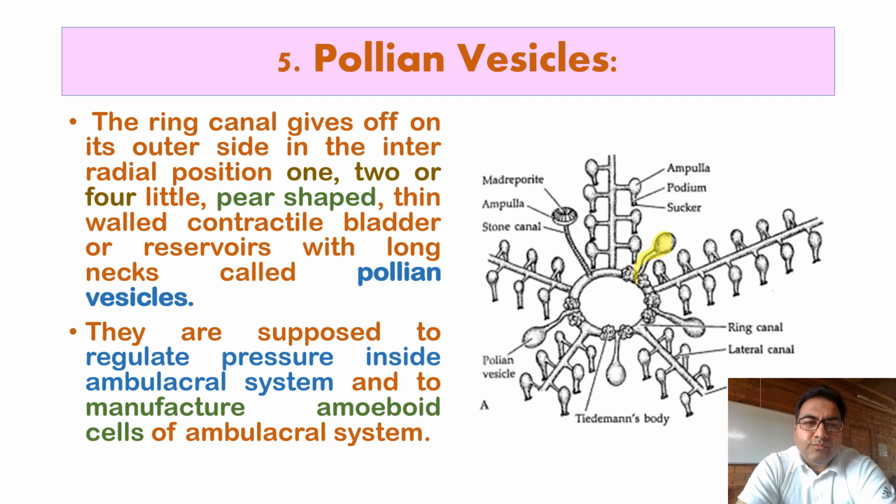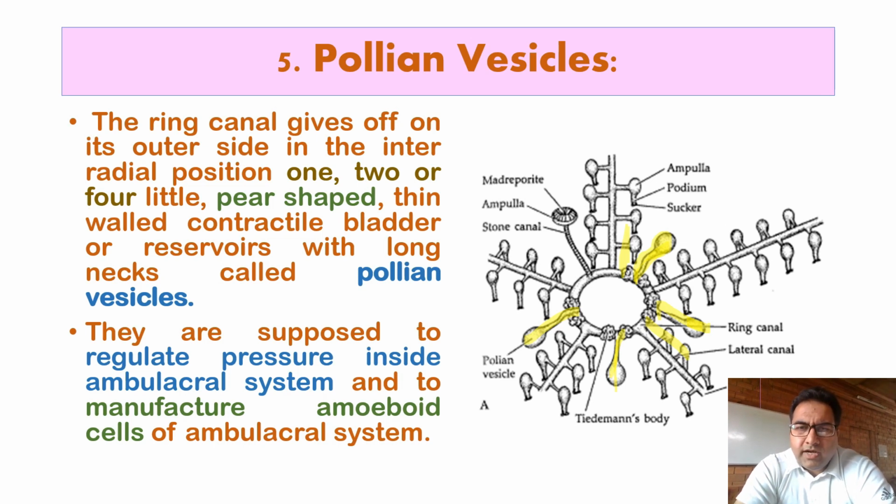We call them the Polian vesicles. Many times there is one, many times they can be present in twos, and many times in fours.